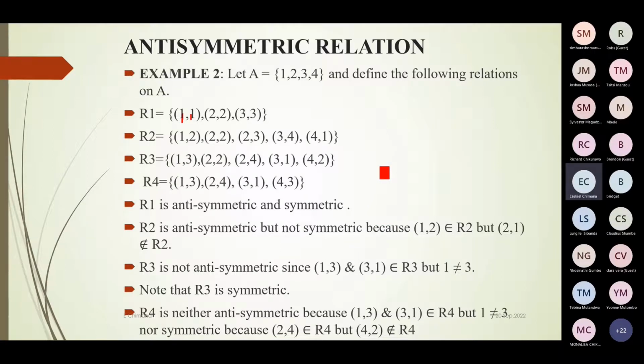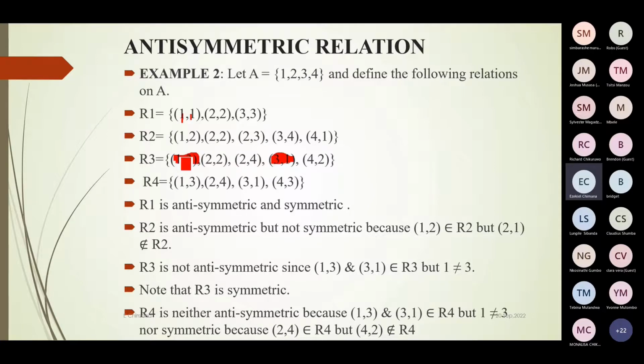Let's go on to R3. Let's see if R3 is antisymmetric. Here we've got (1,3), and we've got a (3,1). Whenever we have a value of x and y which is not equal, we must not have y mapped to x again in that relation for it to be antisymmetric.